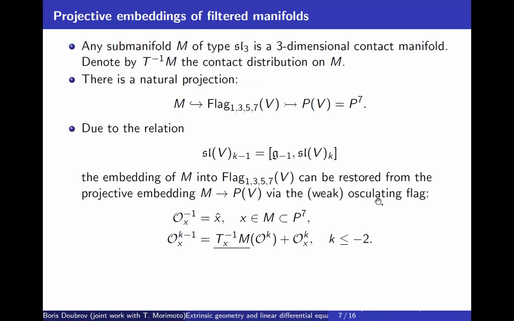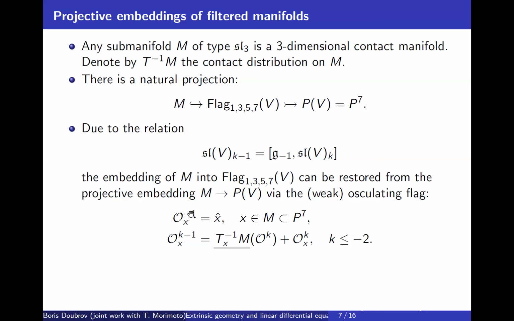In classical projective geometry, we would start by taking the tangent space, second tangent space, etc. Here we do something similar, but when we have a tangent space, we differentiate only along the contact directions.